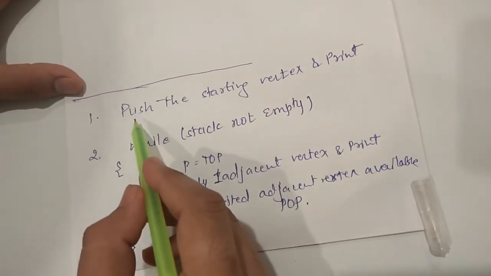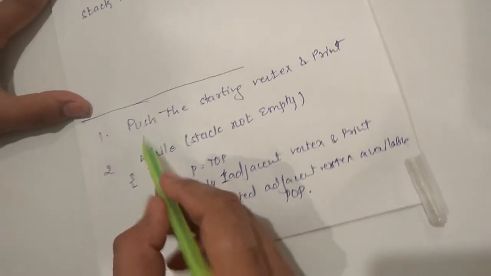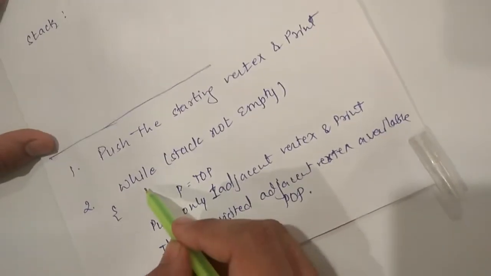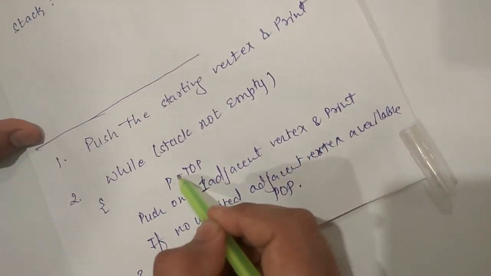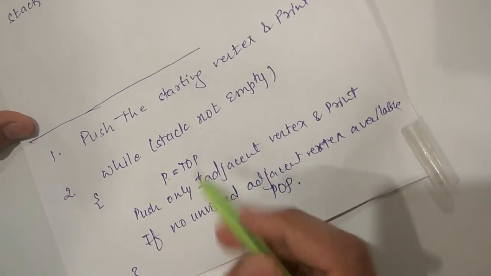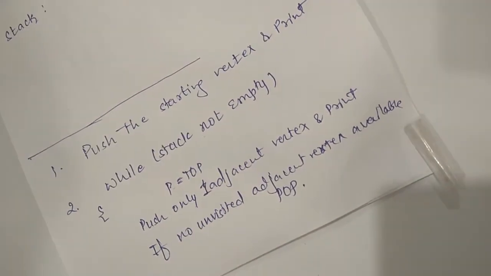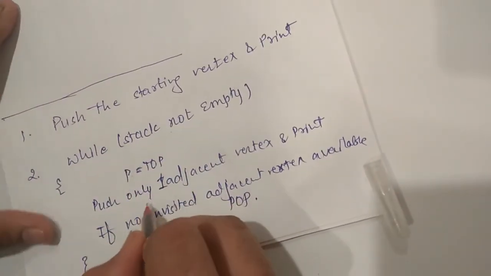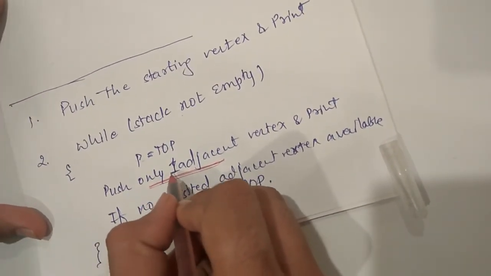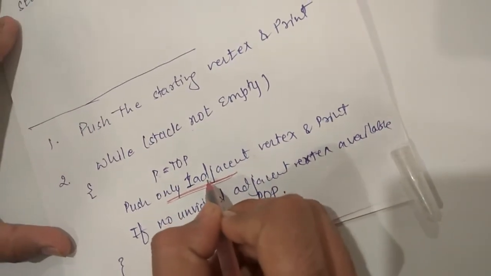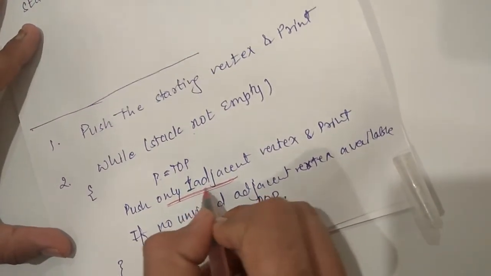The first step is you need to push the starting vertex and print, and second step is while stack is not empty, P refers to the top of the stack, push only one adjacent vertex and print. So in BFS it was you need to write all the adjacent vertex, but over here it is only one adjacent vertex.